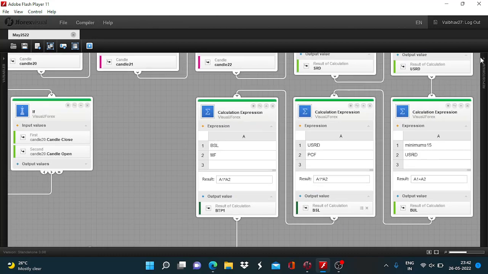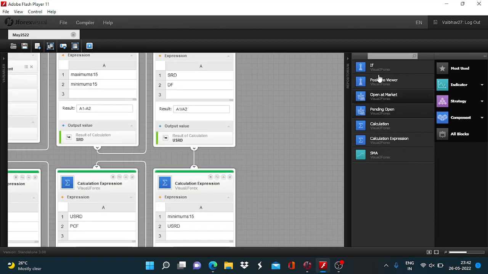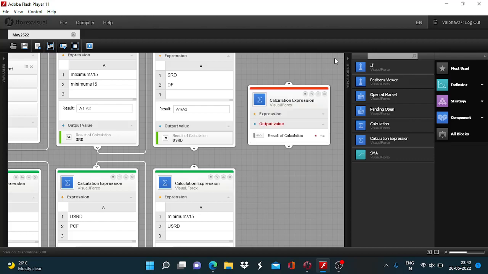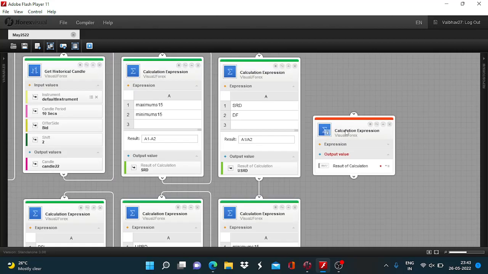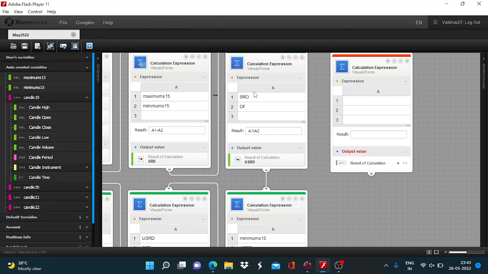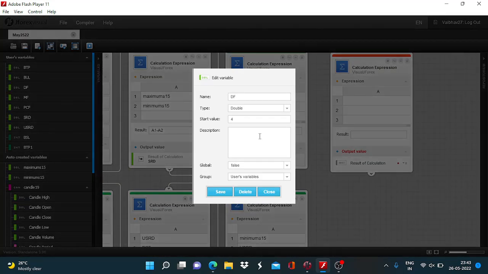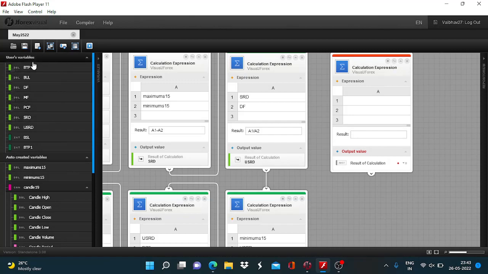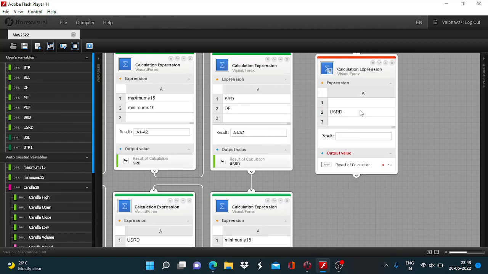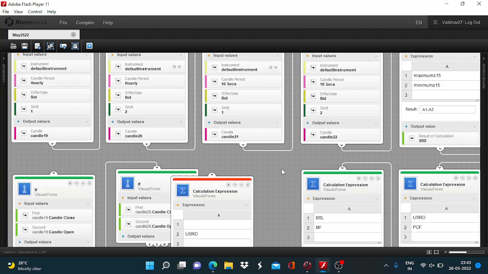Alright, so for that I'm going to need a calculation expression, and this actual difference divided by 4. The user's variable has a value of 4. So I will take this and deduct this variable from maximum.